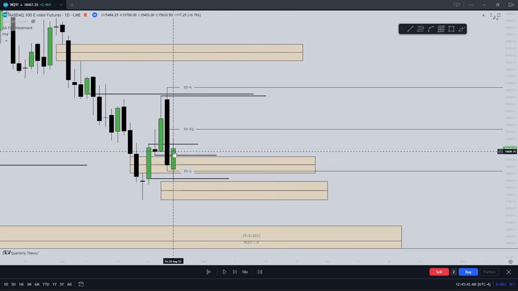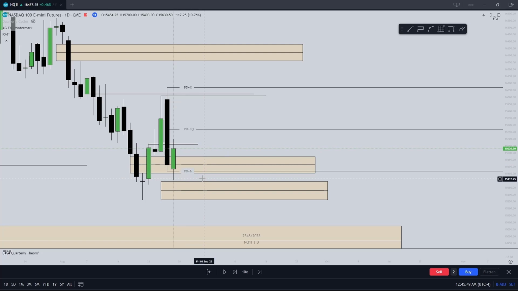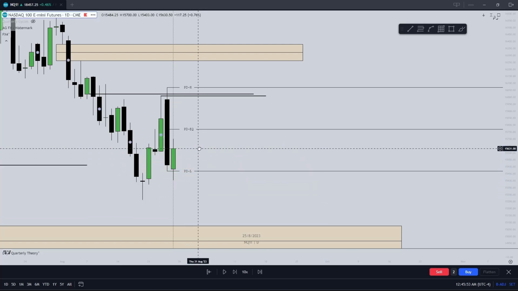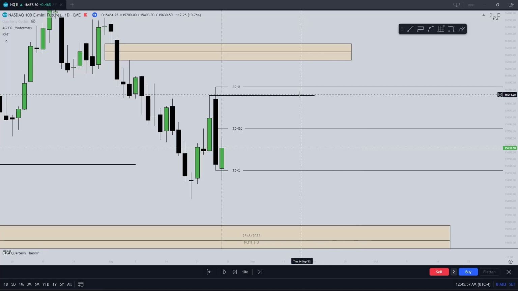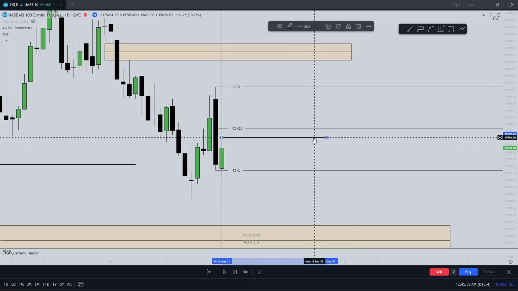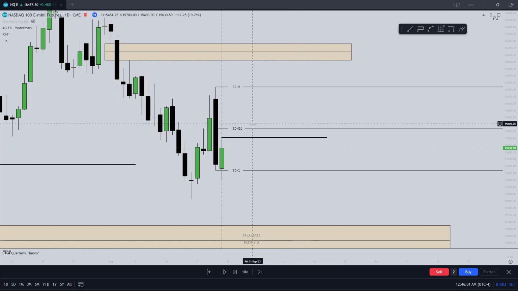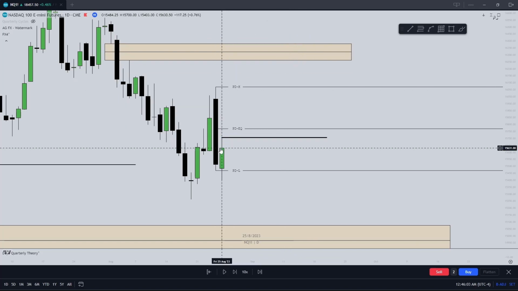Alright, so this candle now indicates a reversal, so we should see, right, our next draw to be above our high, right?